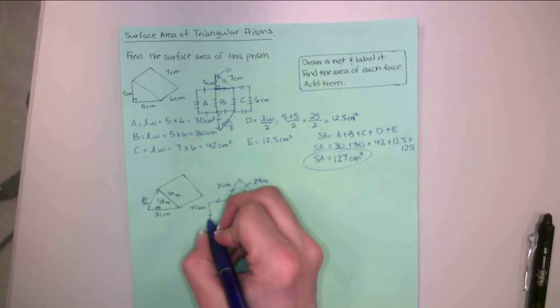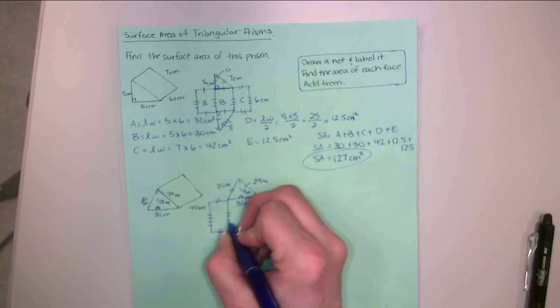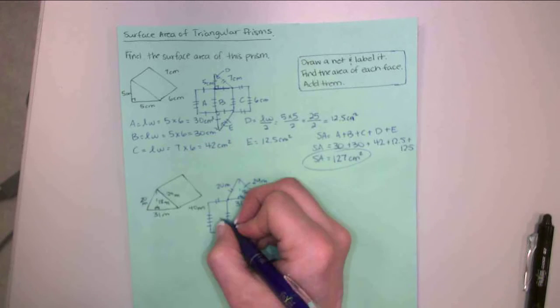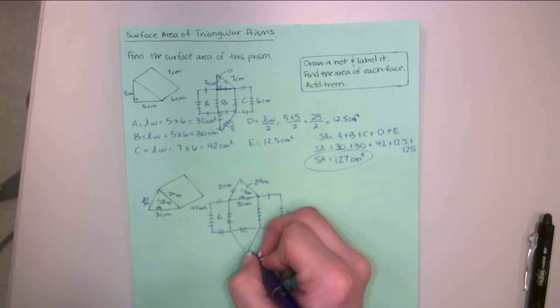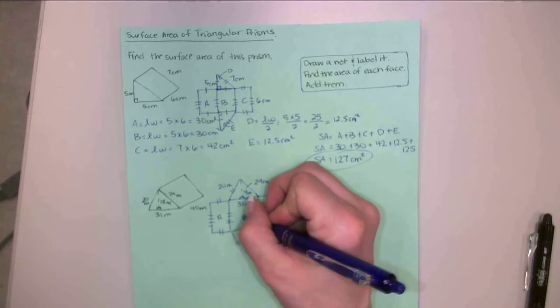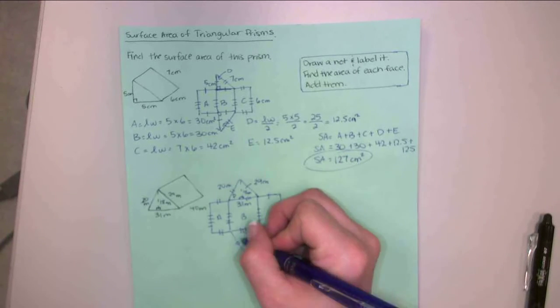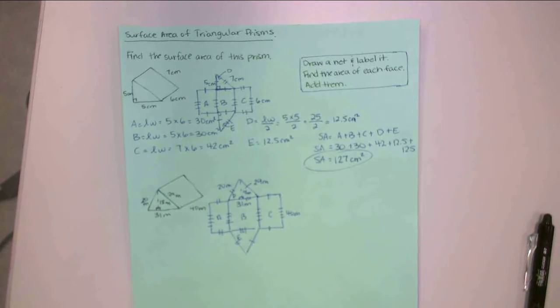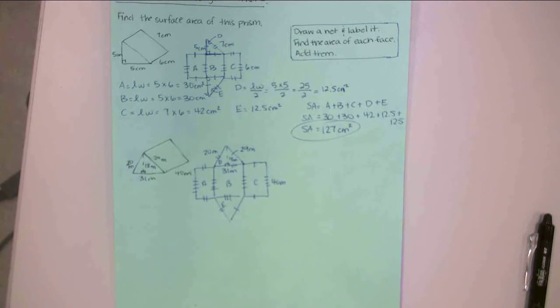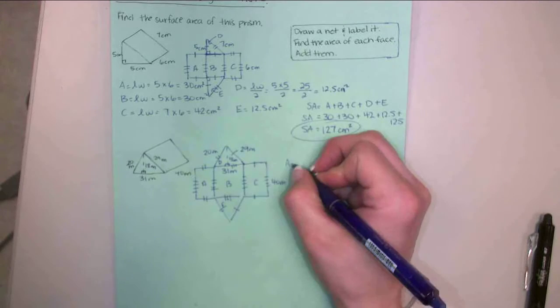I have a length of the figure of 40, so all the way across I have a length of 40. And add your triangle at the base. So I'm going to label them A, B, C, D, and E. So I'll finish this problem by, again, finding the area of each face.